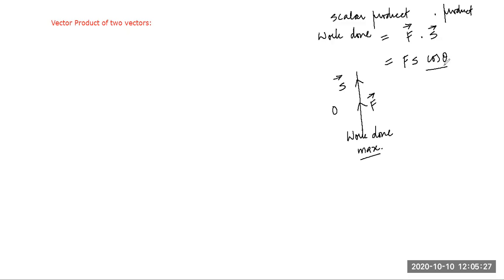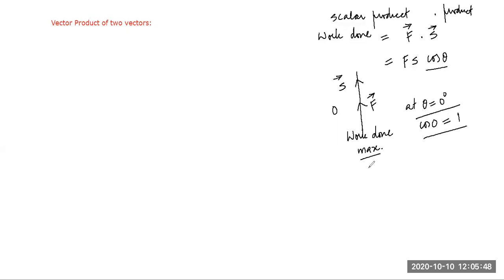Hence, F s cos theta. Why? Because at theta equal to 0 degrees, cos 0 is, base becomes equal to hypotenuse, 1.